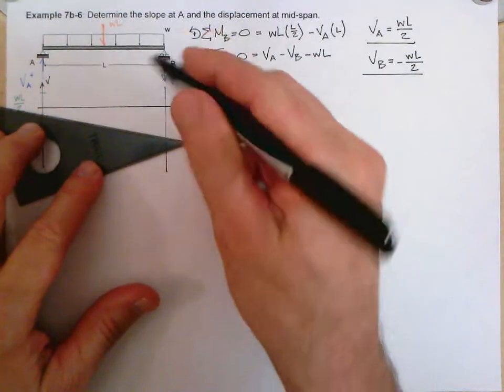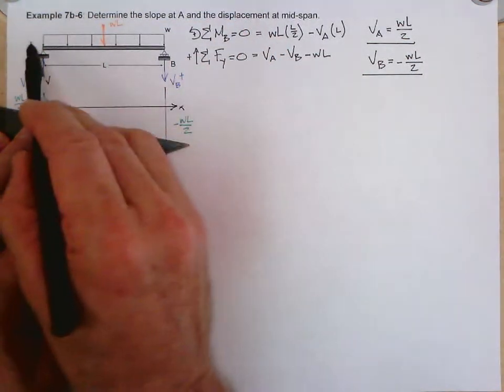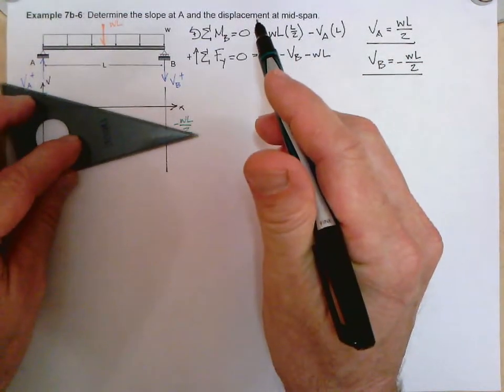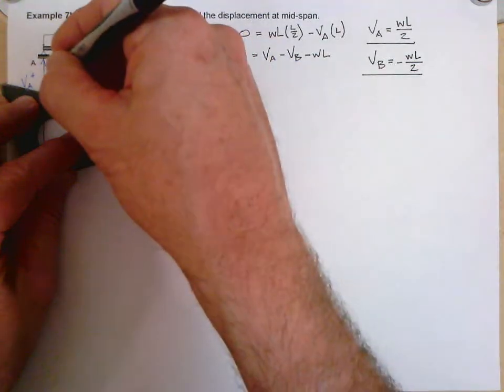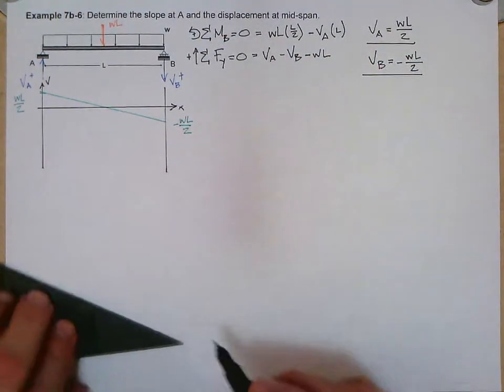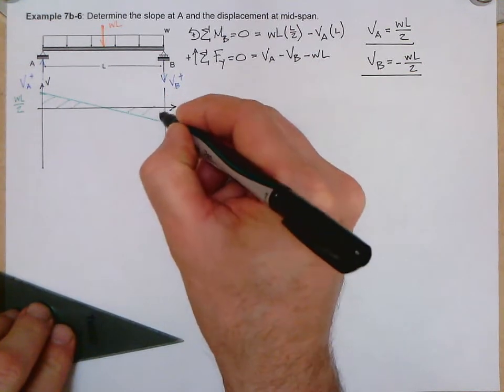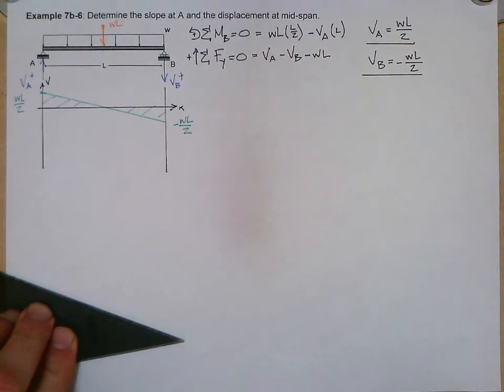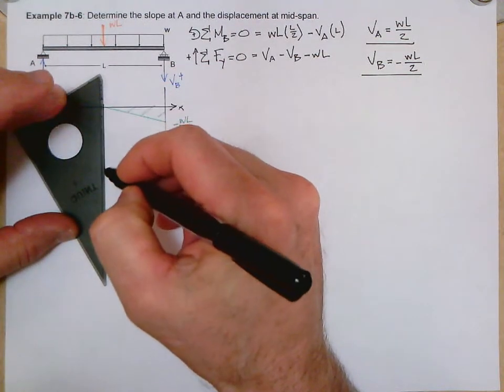What's the shape of the curve? Well, you can see the slope of the shear diagram is the load. The load is constant and negative. So there's my constant negative load. There's my shear diagram. Now that brings up a point here that we need to identify. I'll add that to my template.